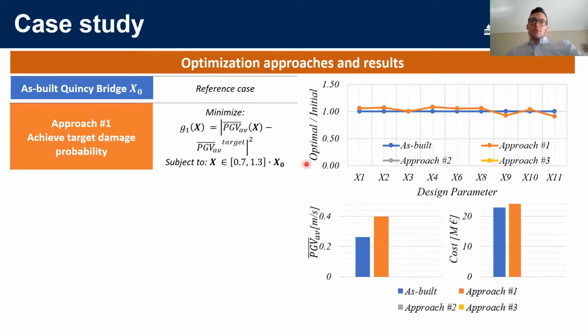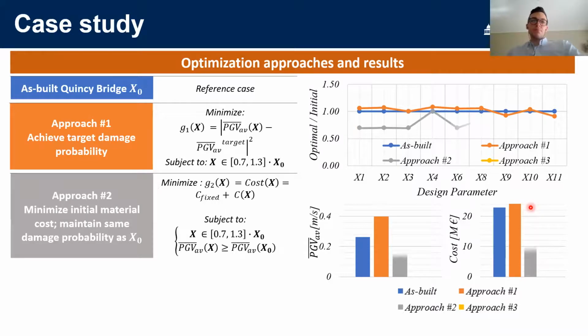And I just set the boundary on the input design parameters to range between 0.7 and 1.3 of their initial value. And as you can see, the probability of damage is reduced because this value is higher, but the cost of the structure is increased.